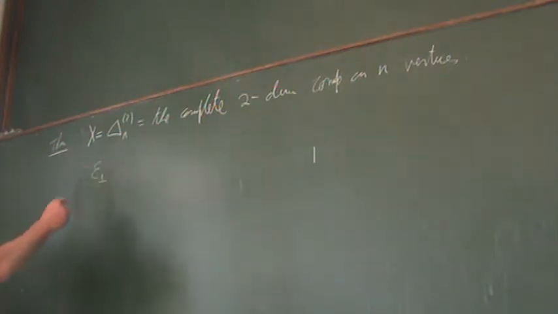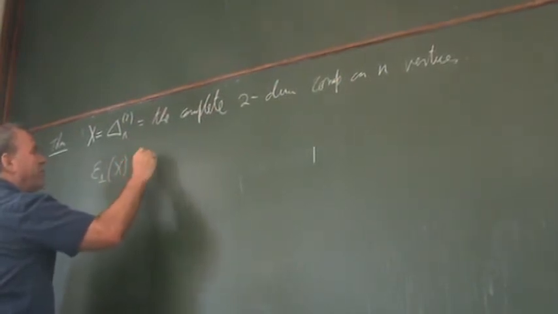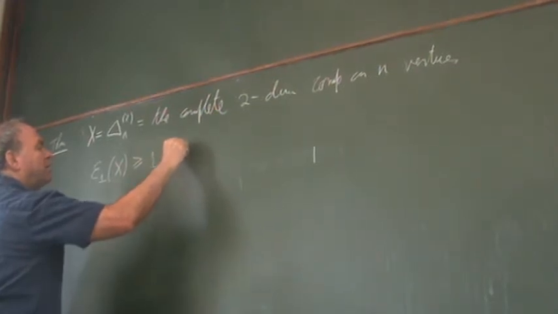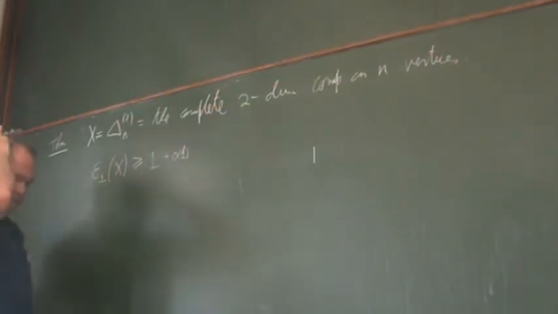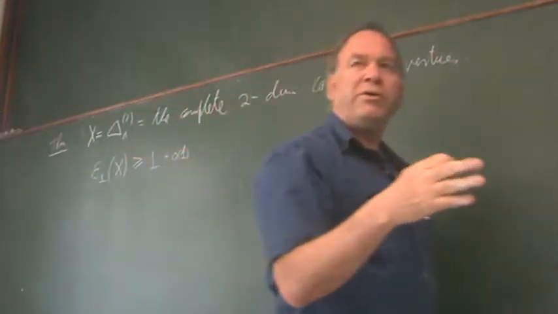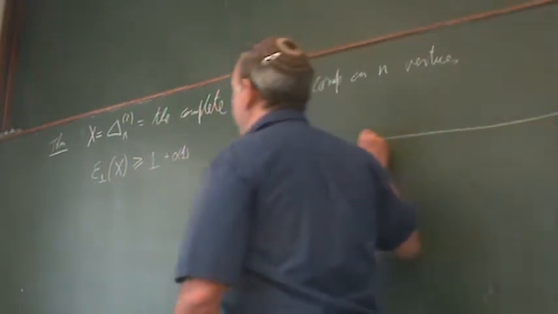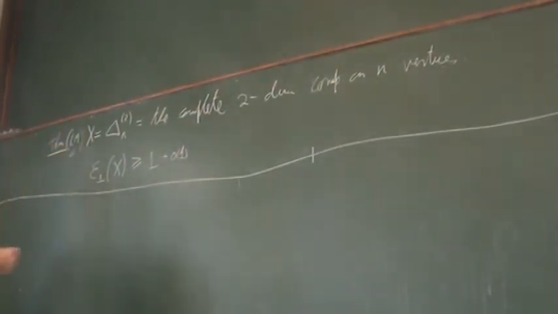But epsilon 1 was less trivial, but we saw that this is greater or equal to 1. It's slightly more than 1. It's 1 plus little o of 1. I think it was something like n over n minus 1 or n minus 2 or something. Anyway, it's greater or equal to 1. That's the important thing for us. And today I'll make some simplification. You see, I'm doing this little result that will give us some application. This is Linial, Meshulam and Gromov kind of independently.